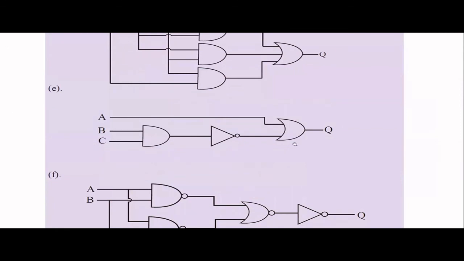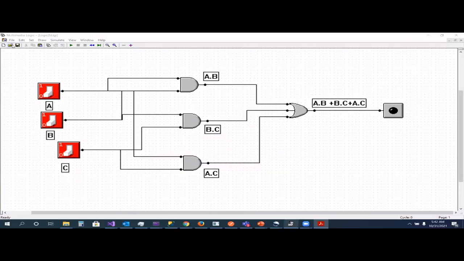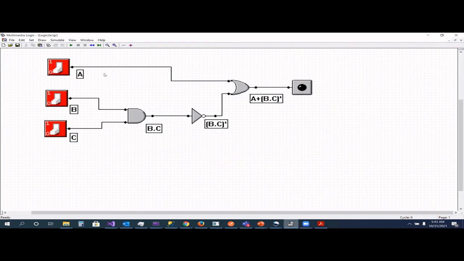Okay. So we have an AND gate, a NOT gate, and an OR gate. Very simple circuit, isn't it? So this is the equation. We have A, B, C. Here you have B and C with the AND operation, right?